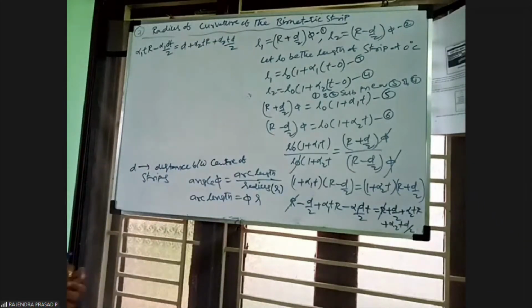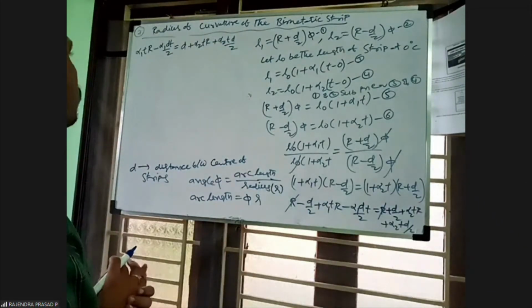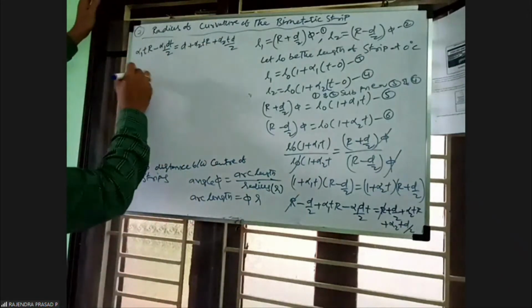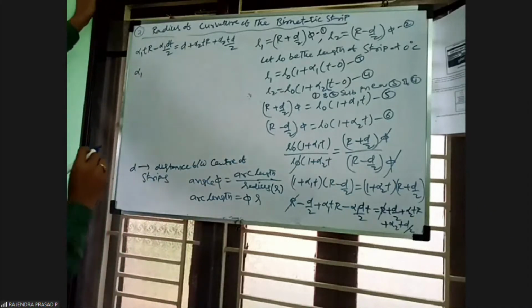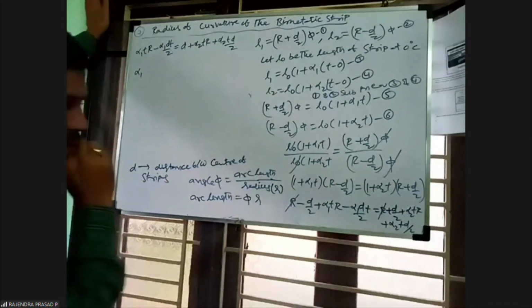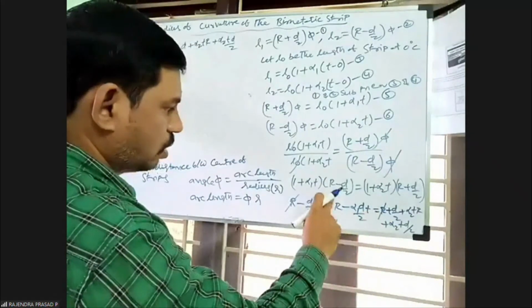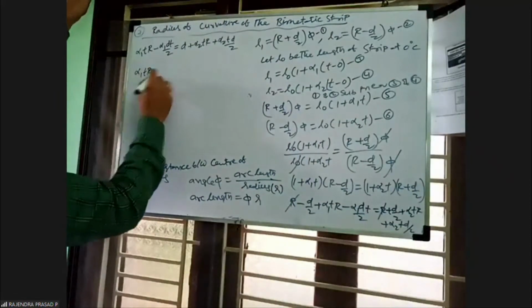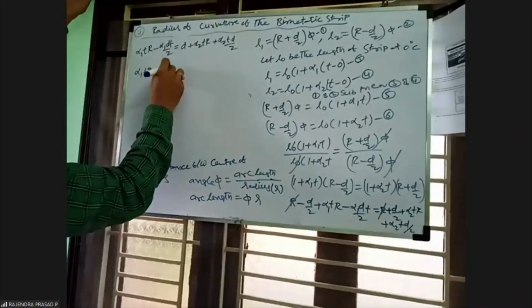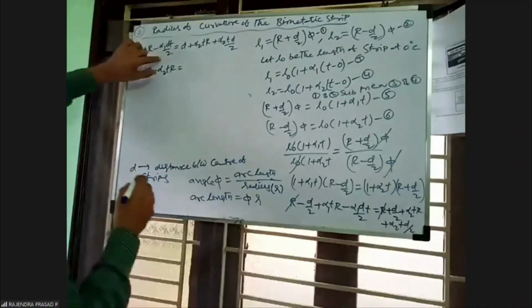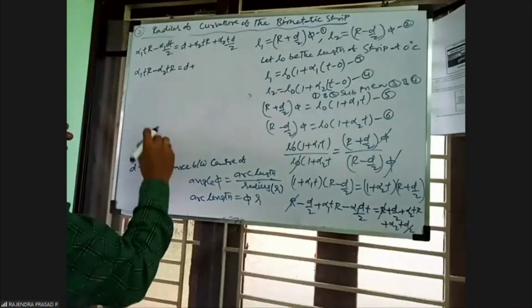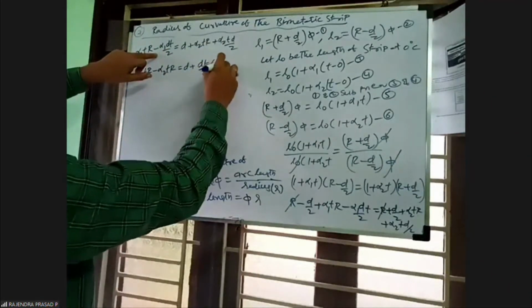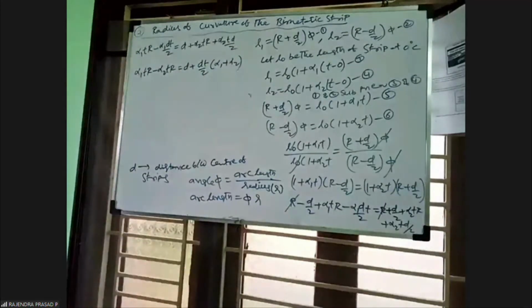Then alpha 1 t R minus alpha 2 t R is equal to d, plus dt by 2 is common, into (alpha 1 plus alpha 2).